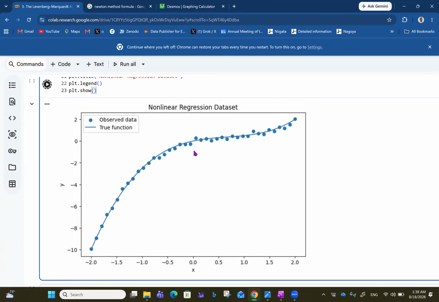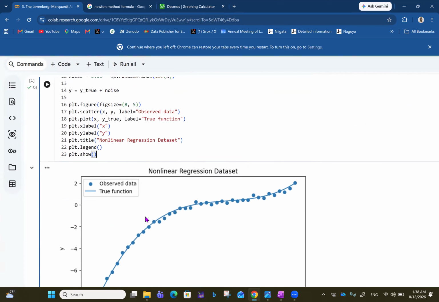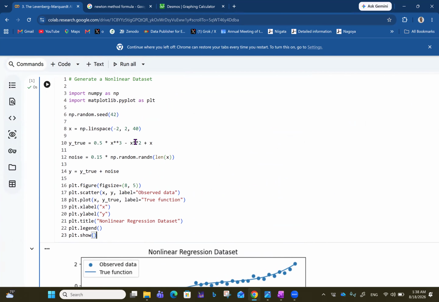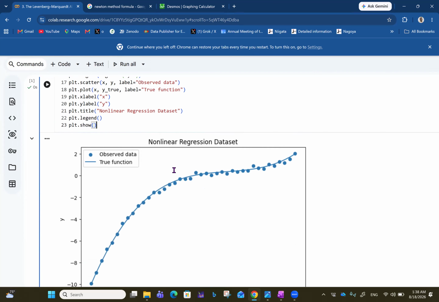The observed function and the true function really agree together. Because of the noise, they don't align perfectly in some cases, but more or less the fit is good. So you have a nonlinear regression data set, an artificial data set generated by adding the actual function and some noise.